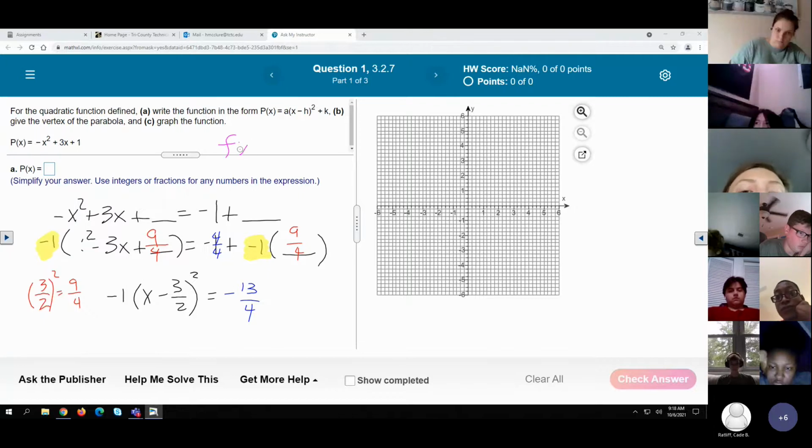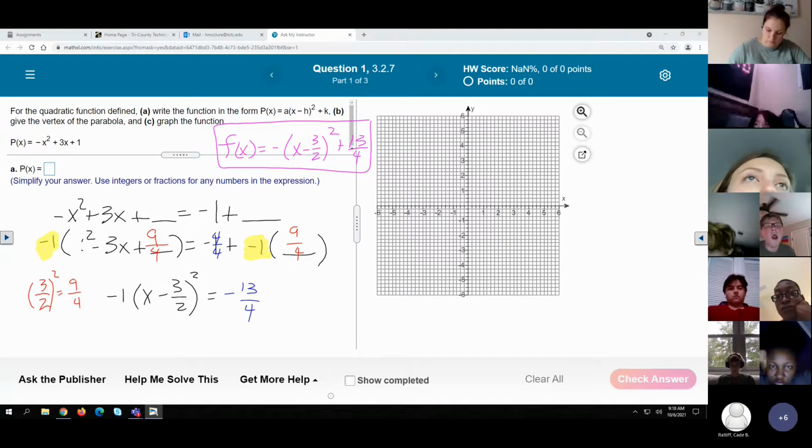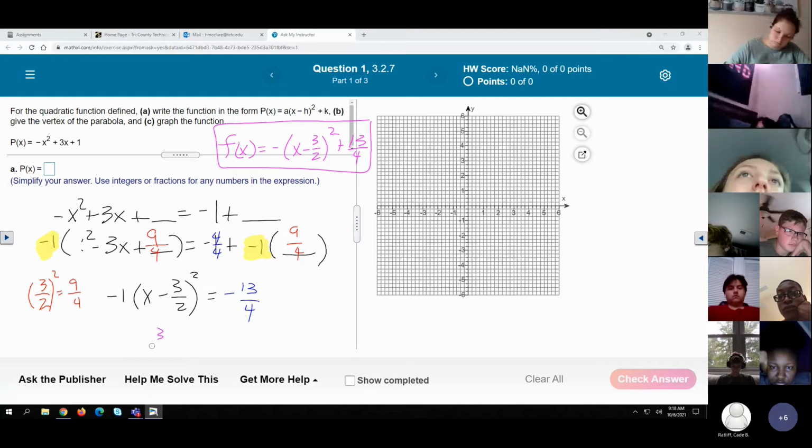And as I did in the videos, you need to rewrite that because they like it to be f of x is equal to negative x minus 3/2 quantity squared plus 13/4. That's what they're going to want right there. But the vertex is 3/2, comma, 13/4.